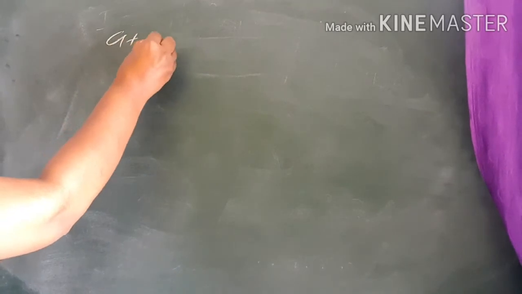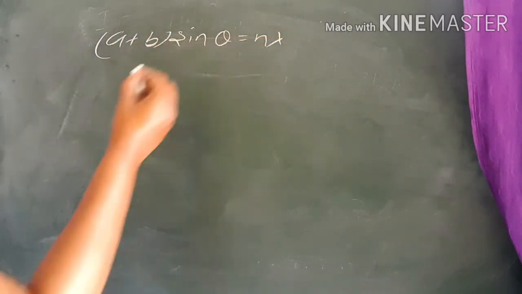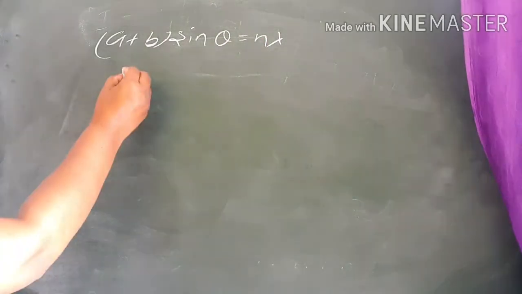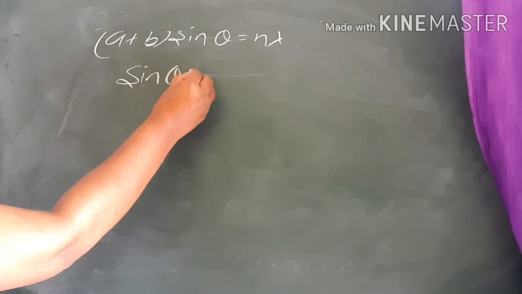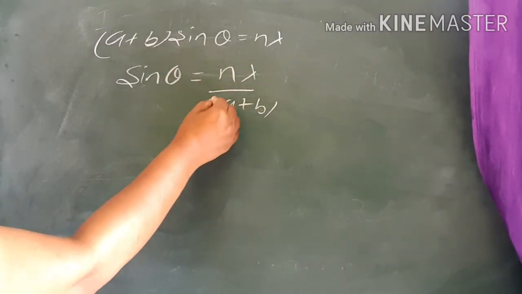So the direction for interference maxima is (A plus B) sine theta is equal to n lambda, or sine theta is equal to n lambda by (A plus B).